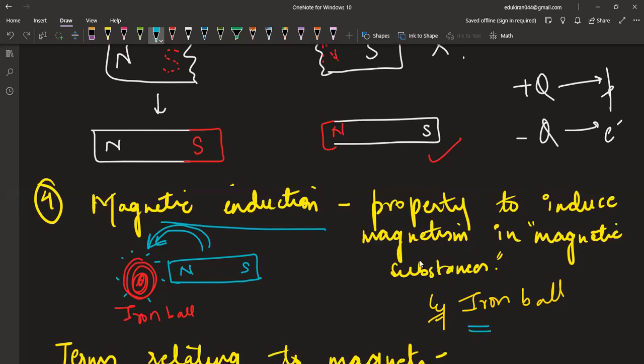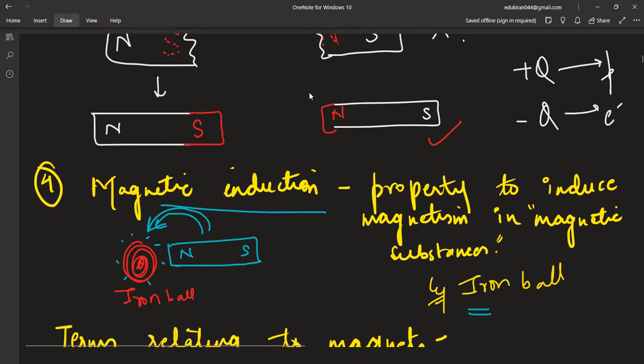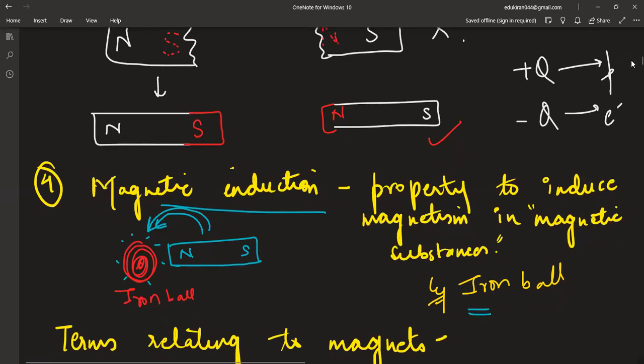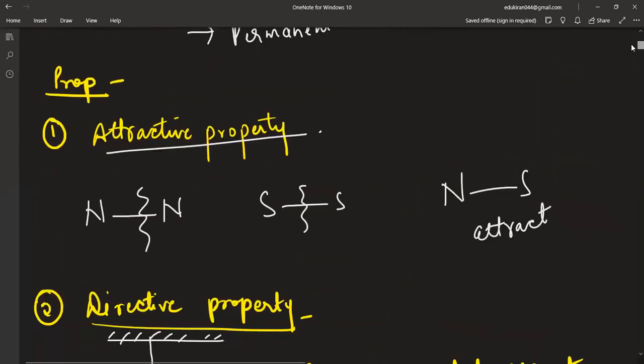Iron ball has the tendency. You keep on rubbing a piece of wood for a year with the help of a bar magnet. The piece of wood will remain as it is because that is not a magnetic substance. Iron ball is a good example, which has the maximum chances of successful experiments done on magnetic induction. So these 4 points are the properties of the bar magnet.